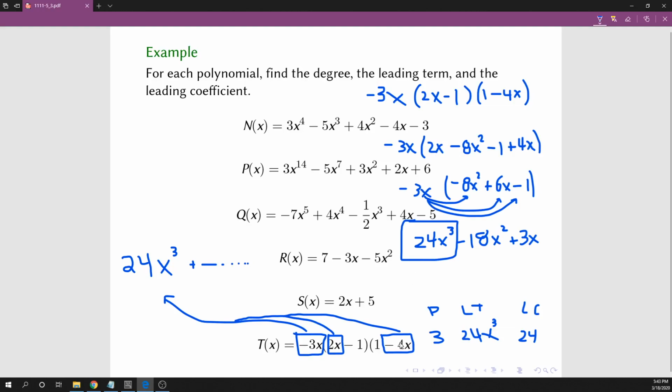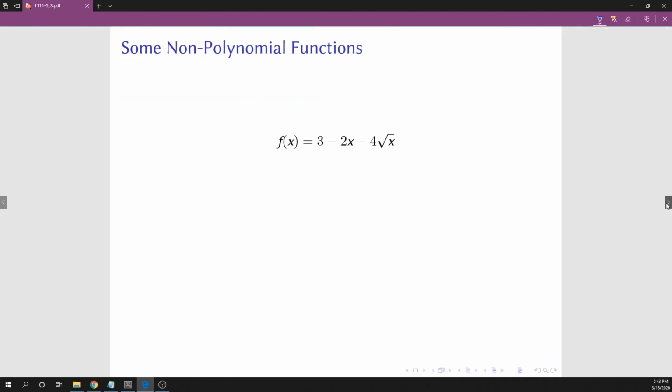On the other hand, if you know the trick that I told you, right, just to multiply, if it's in factored form, take the leading term of each factor and multiply them together, and that will give you the leading term of the polynomial, and then you can just pick off all the answers from here, okay? So again, that's a pretty nice trick to have.